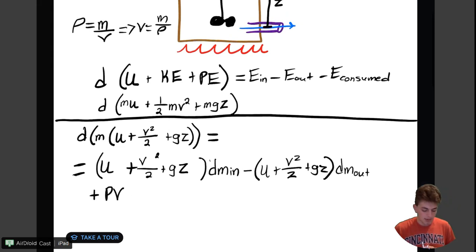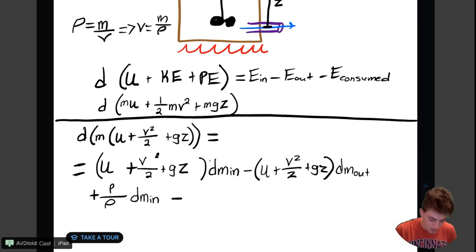Now, using this equivalence, we could actually rewrite this PV term as pressure over rho inside of our inlet function here. So it would have to be multiplied by some sort of change in mass going in.